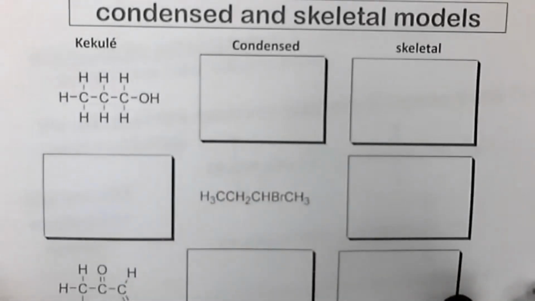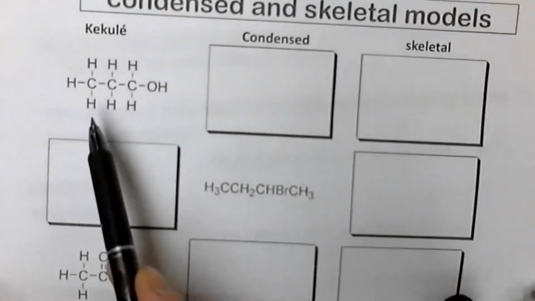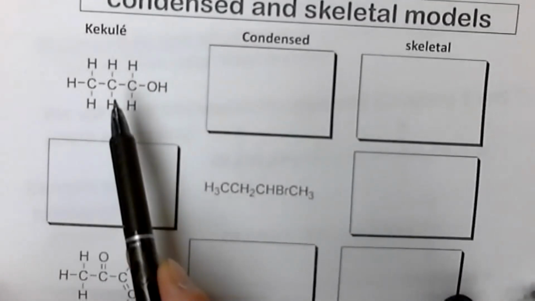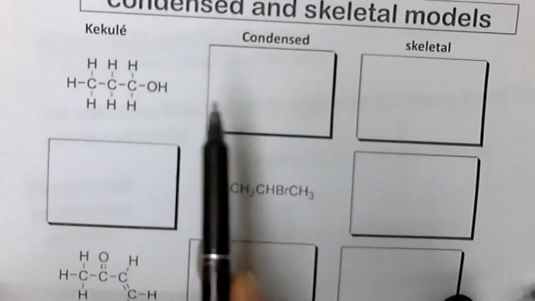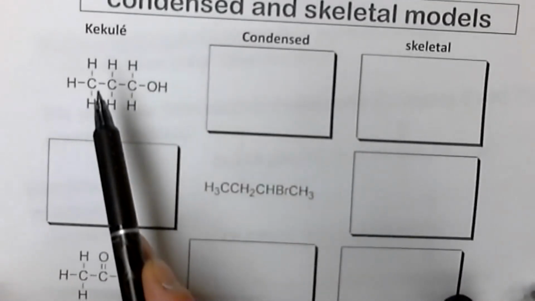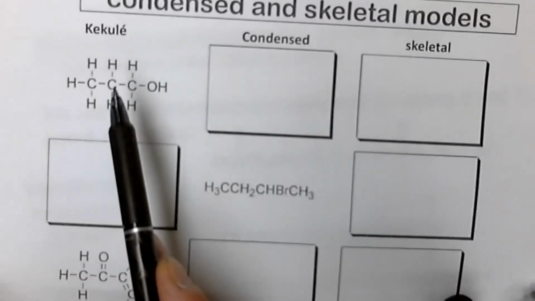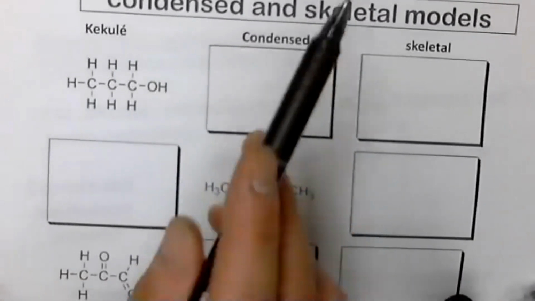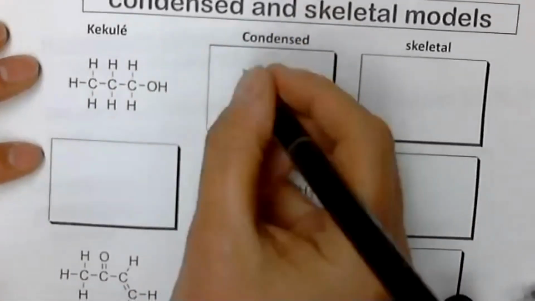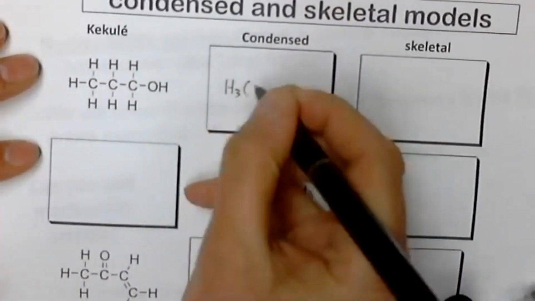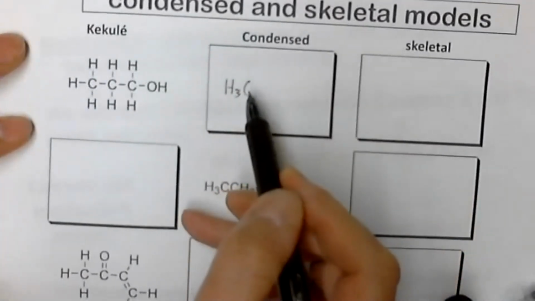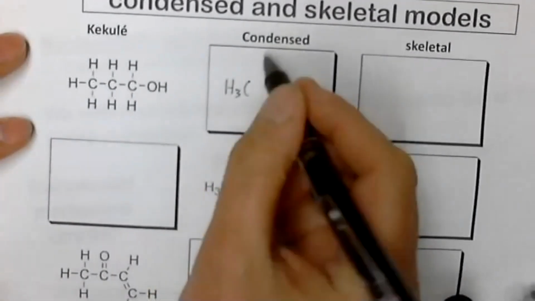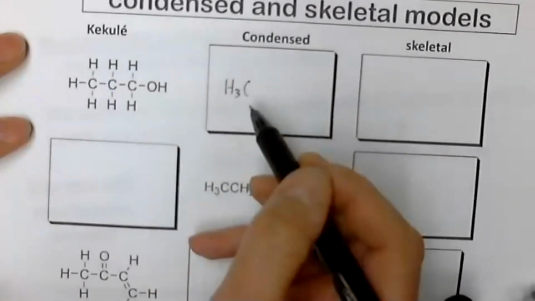Anybody want to say it? It's because we're condensing and not showing all the lines, and we're just drawing the chemical structure, but in a condensed format. So maybe it's like CH3, CH2, CH2OH, right? Now this is my own style, but I like to write H3C for the left one like this, because the C is going to be bound to the second C. So you could either say H3C or CH3.